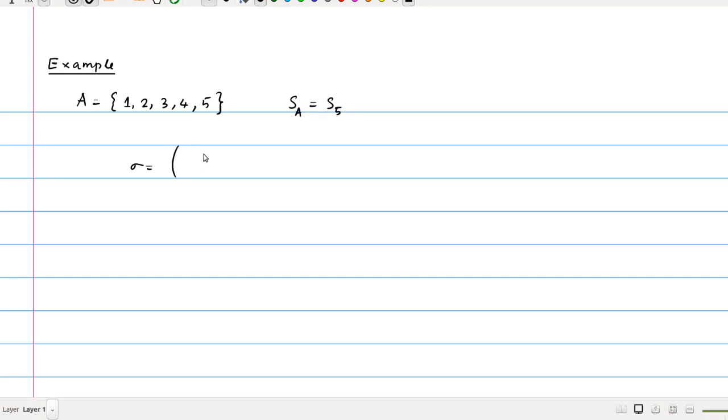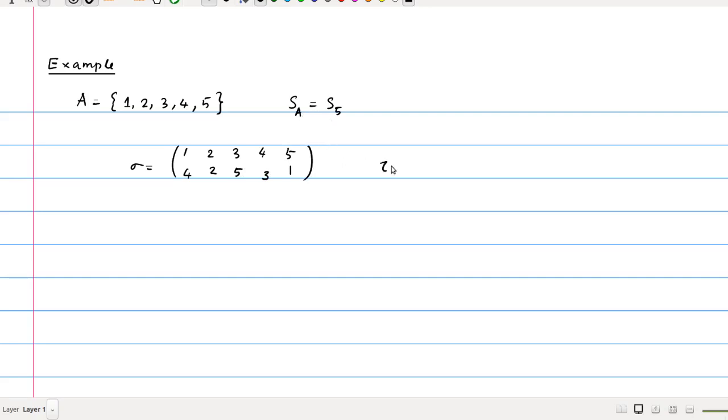Sigma consists of 1, 2, 3, 4, 5, and the image of 1 is 4, the image of 2 is 2, the image of 3 is 5, the image of 4 is 3, the image of 5 is 1. So this is one of the elements of this S5.